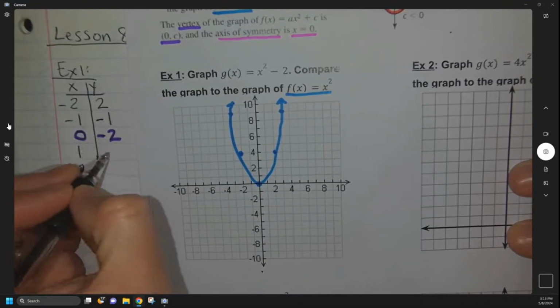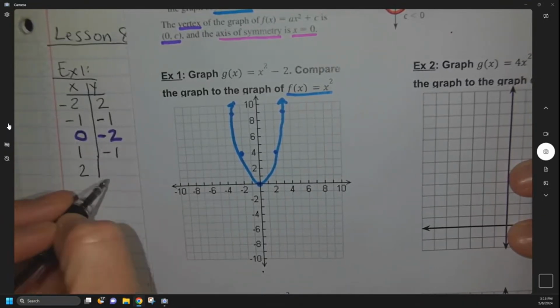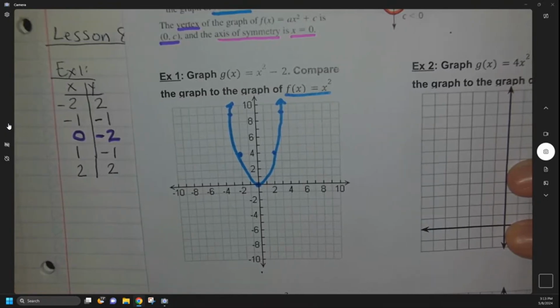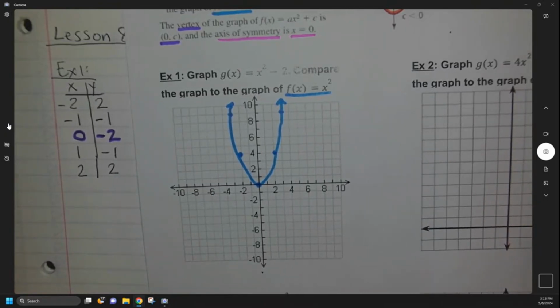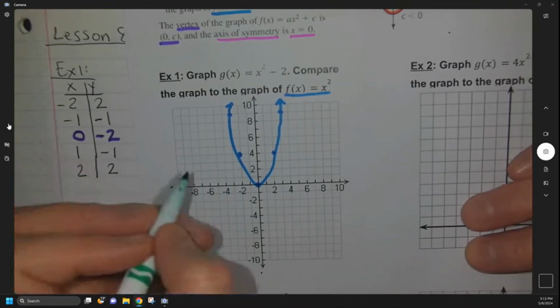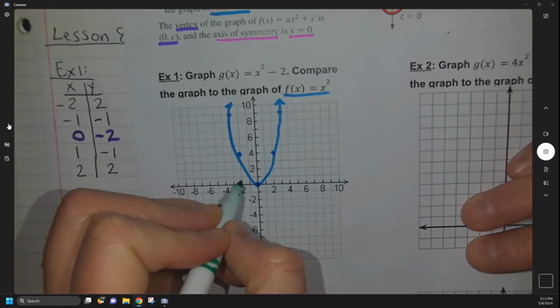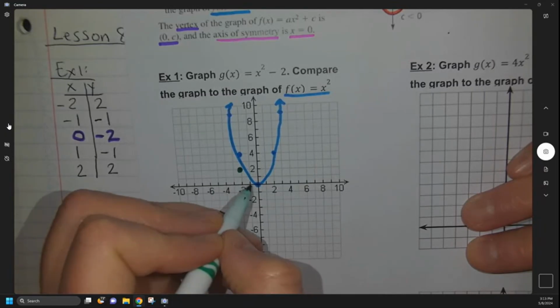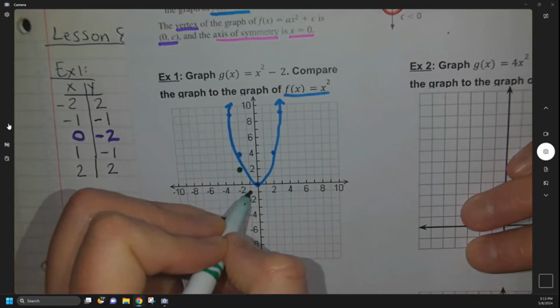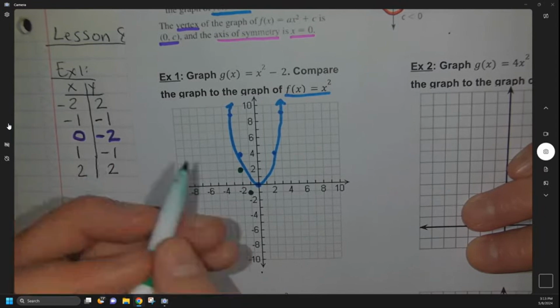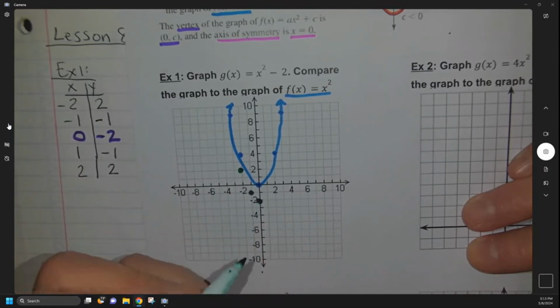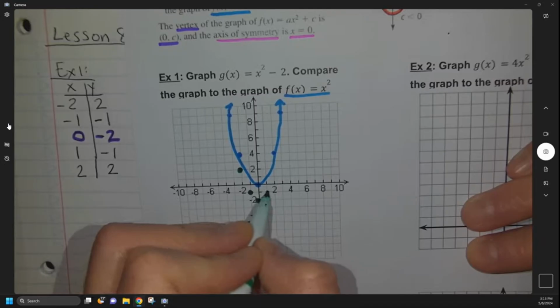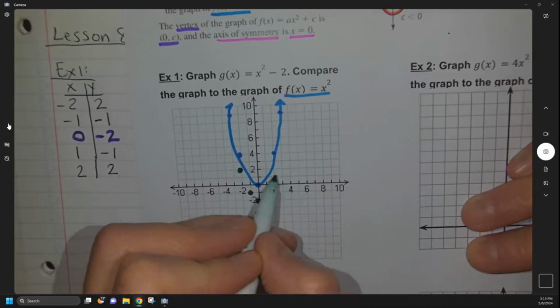So 1 is also negative 1. 2 is also 2. So let's put those coordinates on here. Let's use green this time. So negative 2, positive 2 right there. And then I have negative 1 right down here. 0, negative 2, 1, negative 1, and 2, 2.